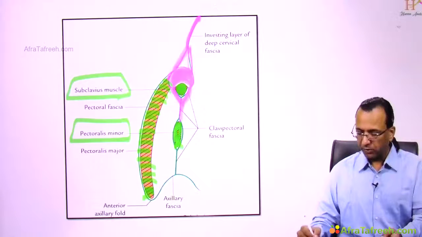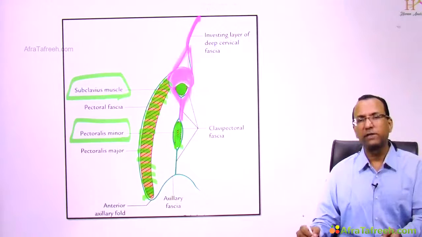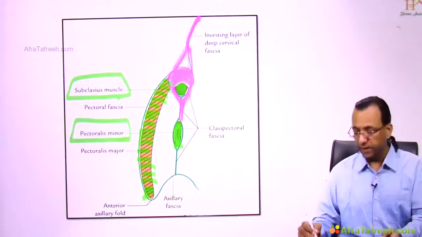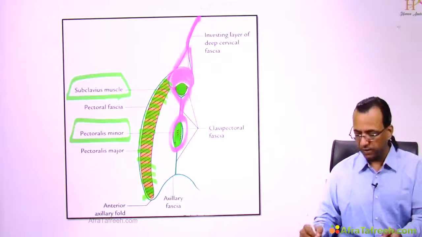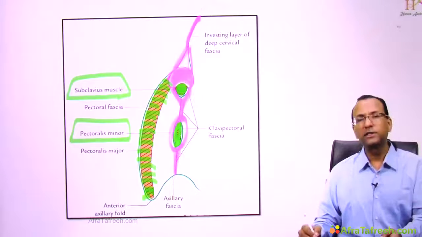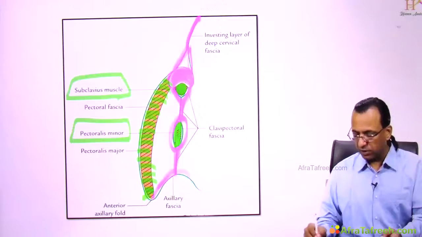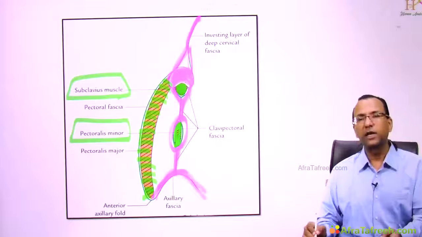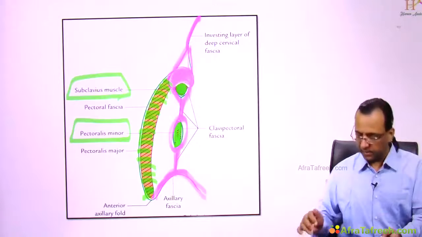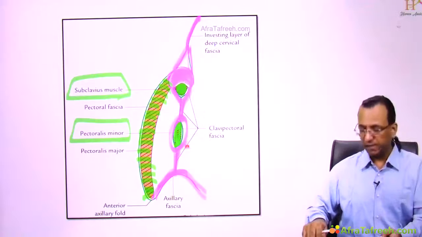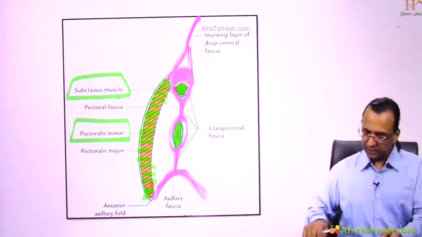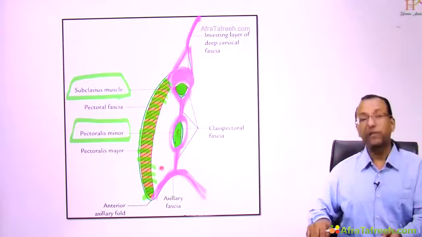Now clavipectoral fascia is called so because between the clavicle and pectoralis minor muscle it is splitting and enclosing the pectoralis minor muscle and then fusing again, and then it is fixing with the floor of the axilla. When it is fixing with the floor of the axilla, it is called the suspensory ligament of the axilla, attaching to the axillary fascia at the floor of the axilla.